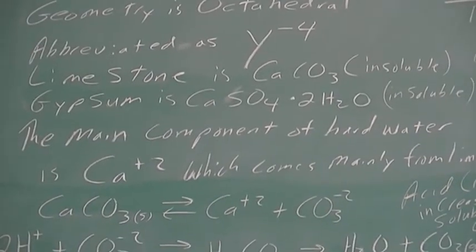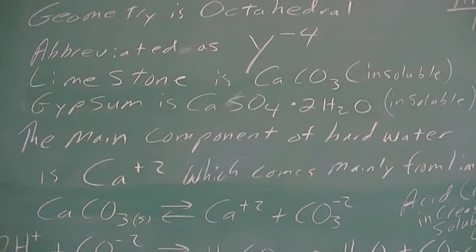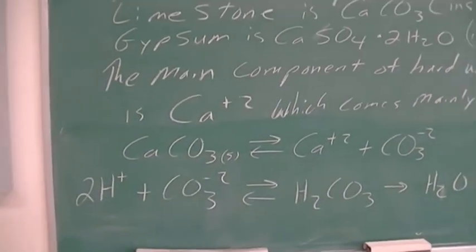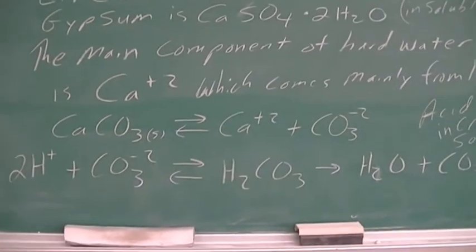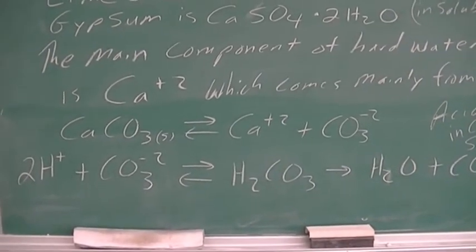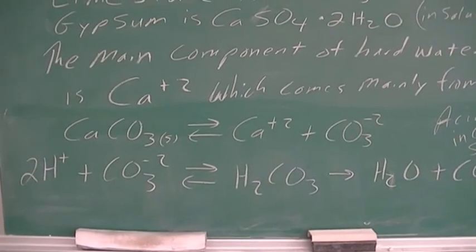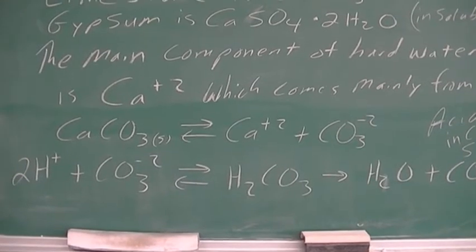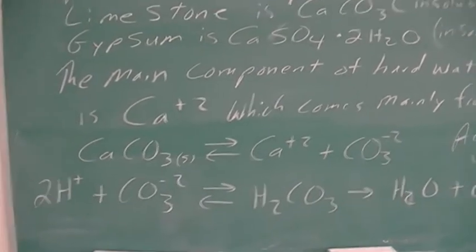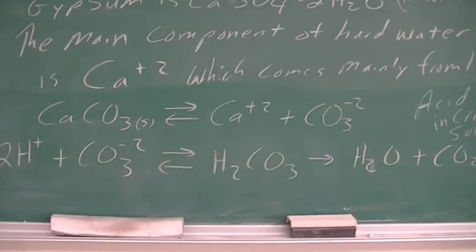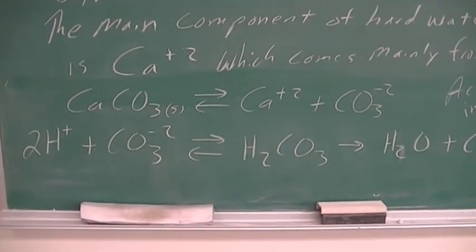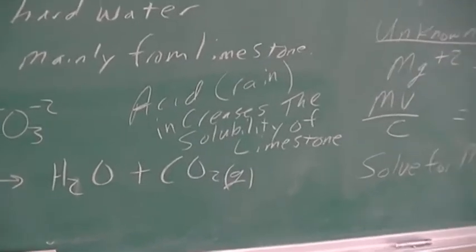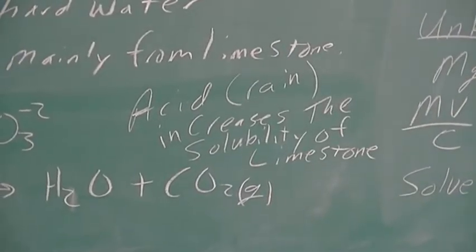All right, and so when we look at the calcium carbonate, which we're going to do all of our calculations with, which is our limestone, it is insoluble, and it has the Ksp reaction there, where your calcium carbonate will dissolve into calcium ions and carbonate anions. Now in acid, for example acid rain, this is going to increase the solubility of limestone.